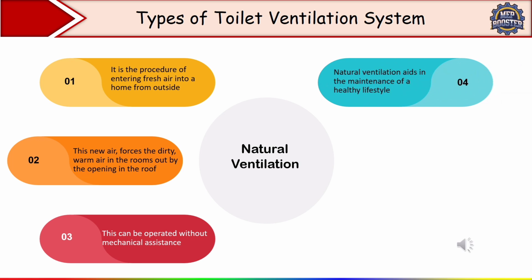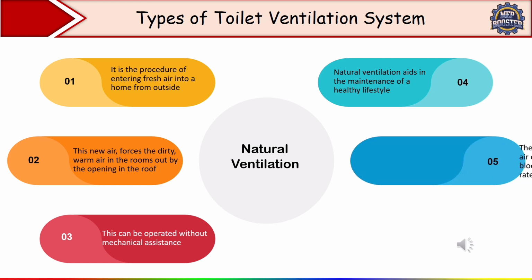Now the fourth point is that natural ventilation aids in the maintenance of a healthy lifestyle. Why? Because when you take outside air inside, you get fresh air, and that fresh air improves your indoor air quality and you will become healthy. These are some advantages of this natural ventilation system.